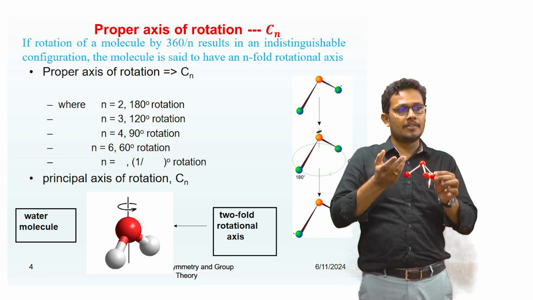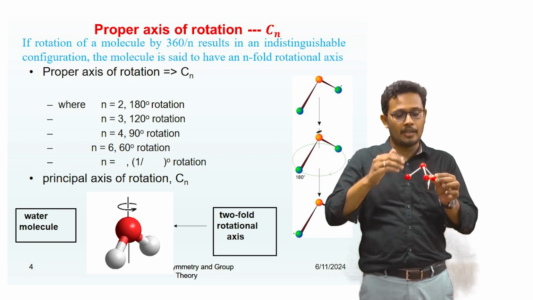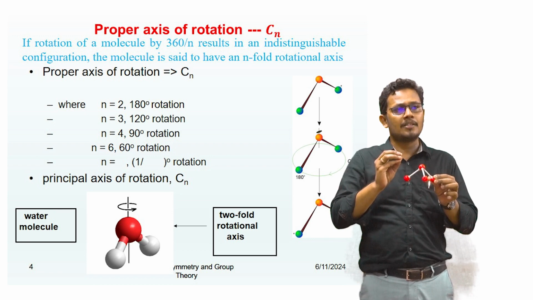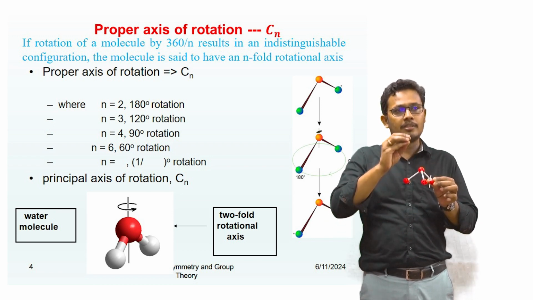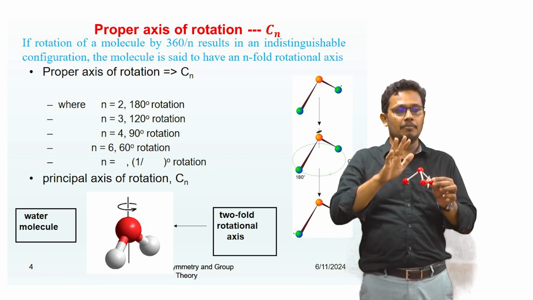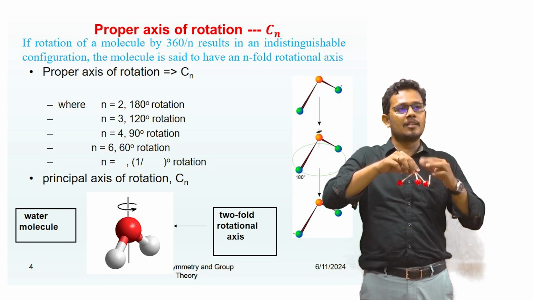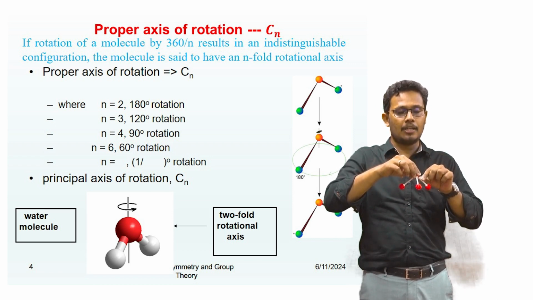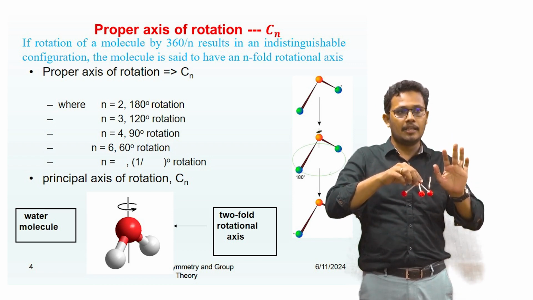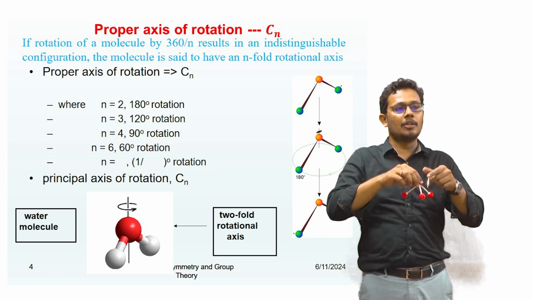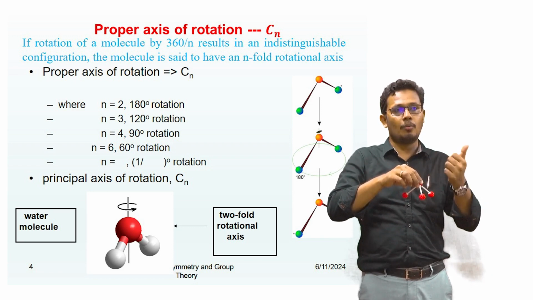What is that operation? Rotation. Operation means we apply some restricted rotation. In order to get the original structure, you need to rotate this molecule by 120 degrees. Then only you cannot differentiate the original structure.